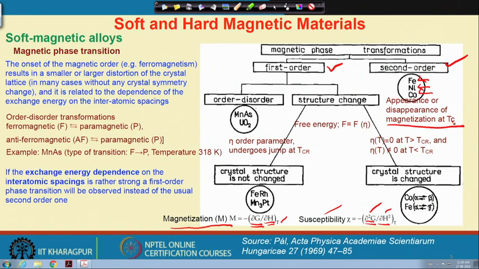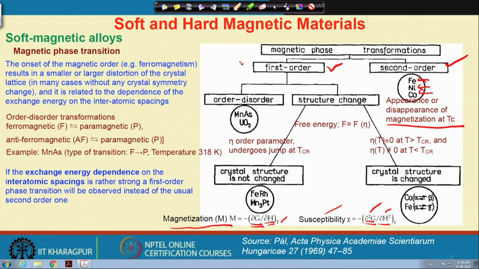So, like a Curie temperature you can see that there is a disappearance of the magnetic behavior. Okay. So, that is a typical characteristic of a second order transformation. However, if the Curie transition occurs over a wide range of temperature or very sharply at a given temperature, then this behavior will be different.